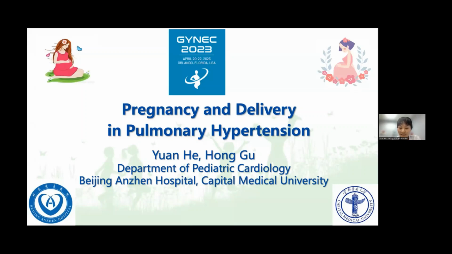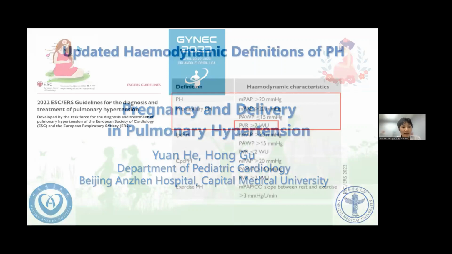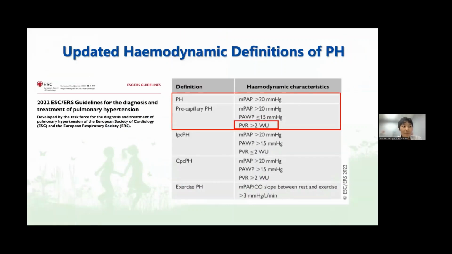As defined by the World Symposium on Pulmonary Hypertension in 2018, pulmonary hypertension is a mean pulmonary artery pressure greater than 20 millimeters of mercury, measured during resting heart catheterization.